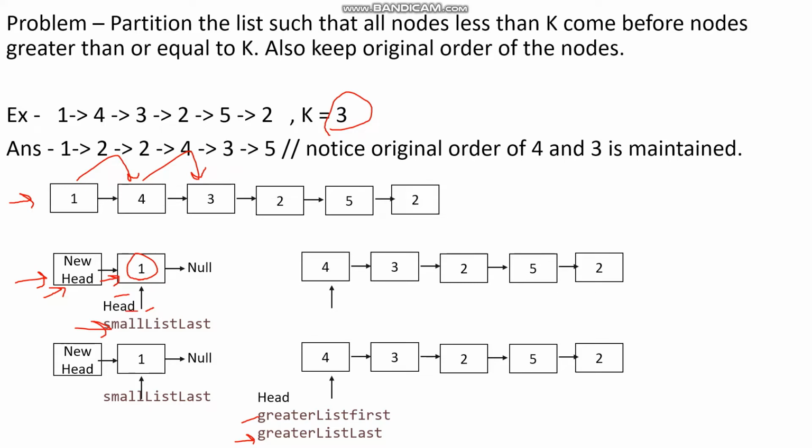Then we will move our head to the next node. This is going to be the first node of the greater list, so we will point our greater list first to that node, and initially that will also be the last node of the greater list. So we will point both these to this node, and we will move our head here.